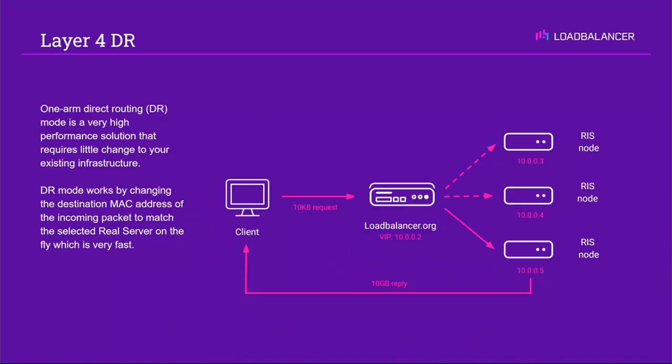The initial request from the client goes to the load balancer, then the load balancer, based on the algorithm, will choose which of the RIS nodes the request will be sent to, but then the application replies straight to the client, which means that the traffic is faster.